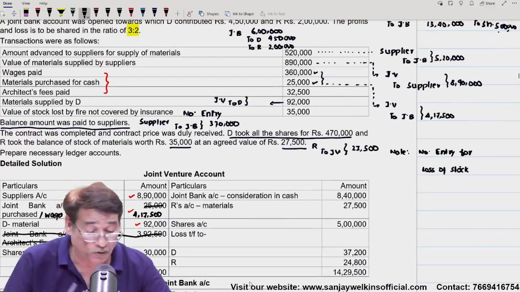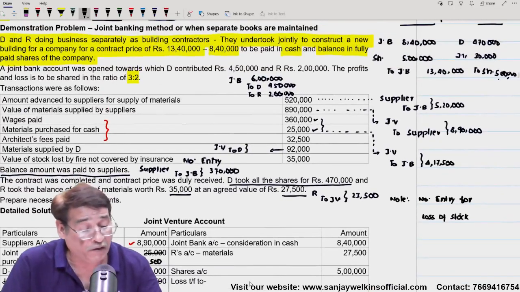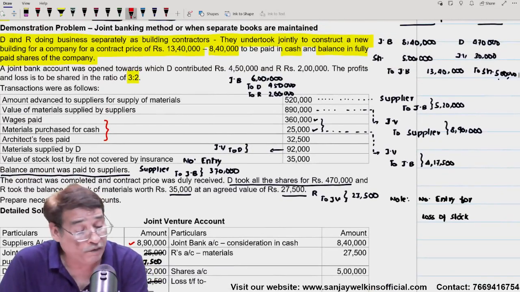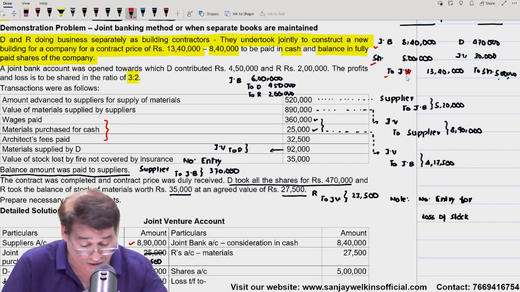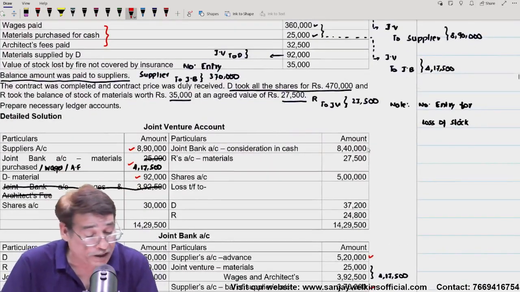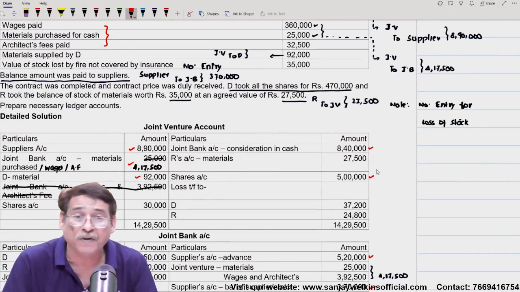Then we are going to receive the contract price. The entry will be joint bank account debit, shares account debit to joint venture account. So on the credit side of the joint venture account, I will write by joint bank. Correct? The consideration we have received in cash, and we are going to write by shares, 5 lakh rupees.